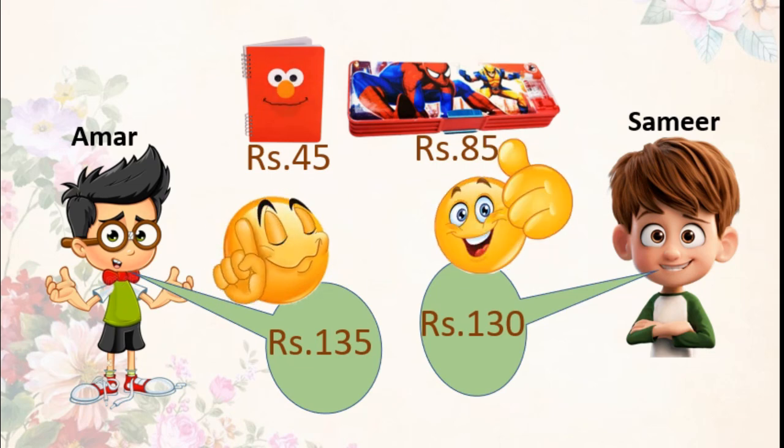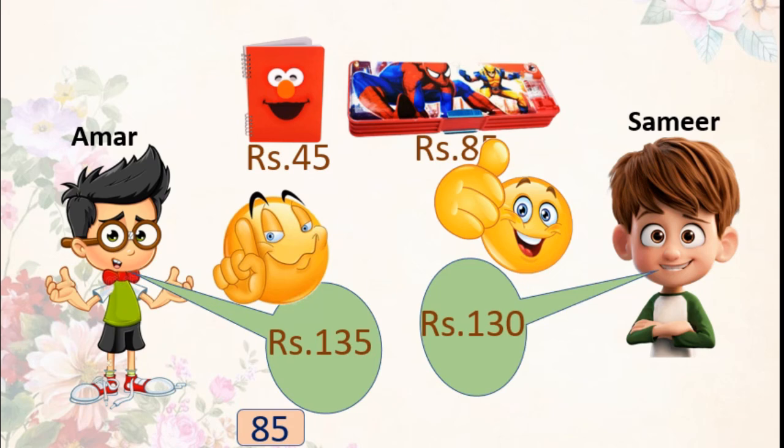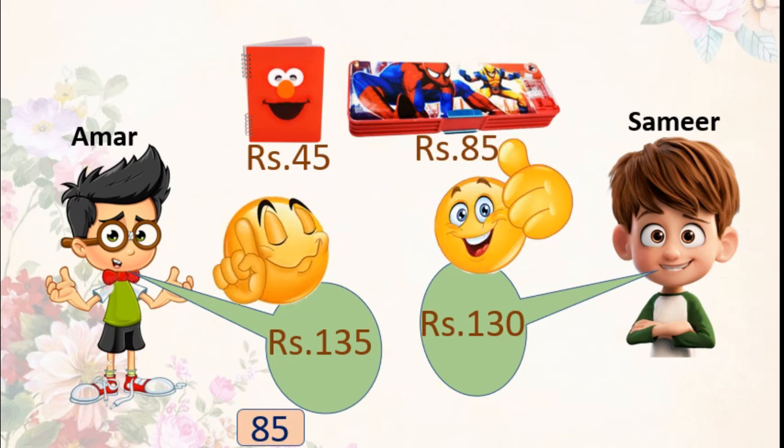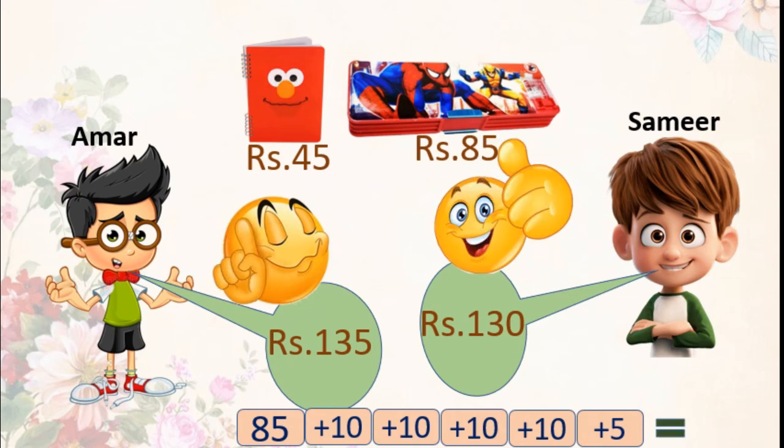Okay, we'll see how Samir did this calculation. Now, see, this is 85, a greater number he calculated. He remembered it in the mind first. Then 45, he bifurcated into 4 tens, isn't it? So 85 plus 10, plus 10, plus 10 and plus 10 and plus 5, correct?